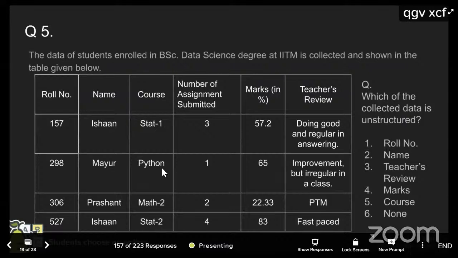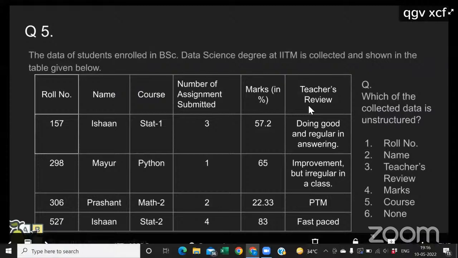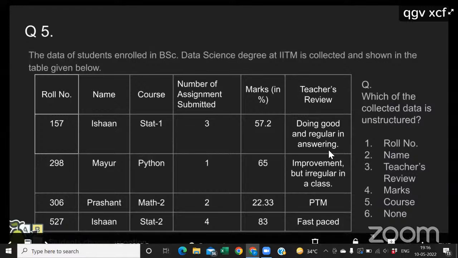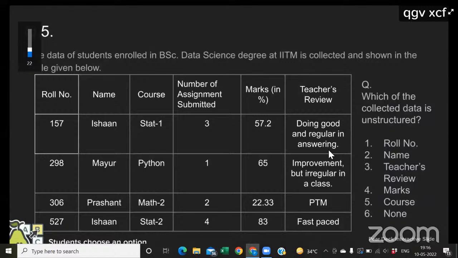So I'm saying that if my list is long and someone gets math other than stats, if he did 3 assignments in math, and the teachers review gives the same review, then if my list is going long, it could be a repetition.